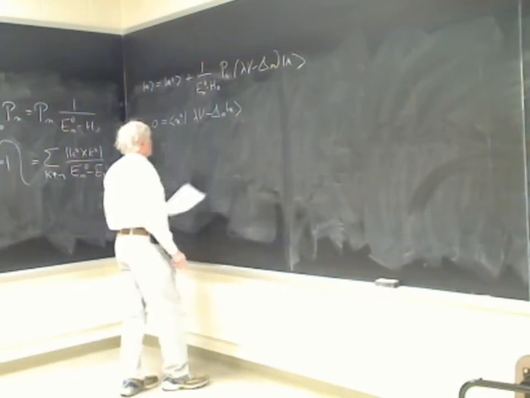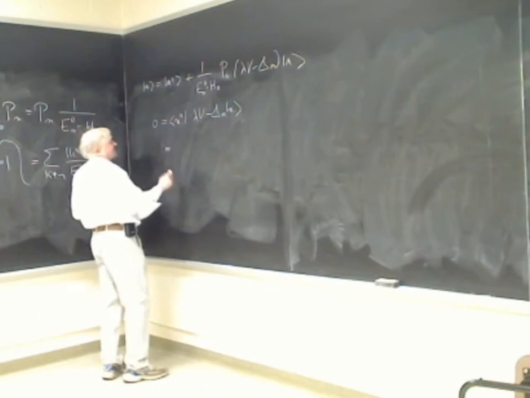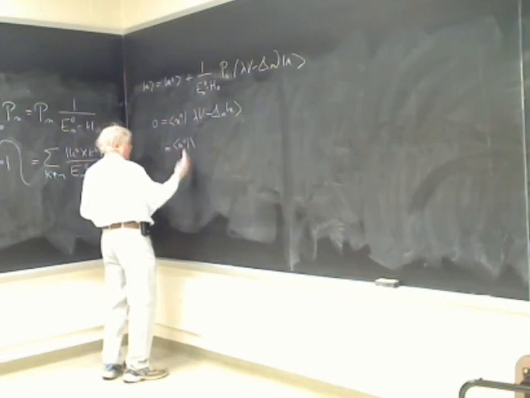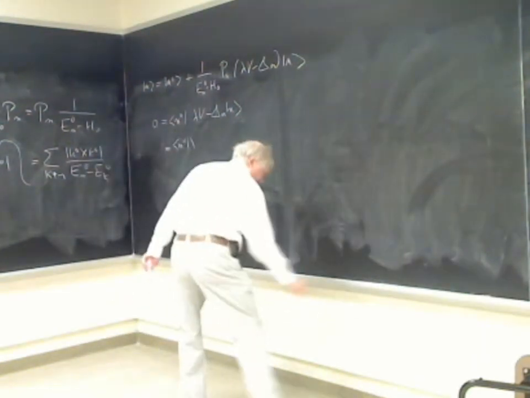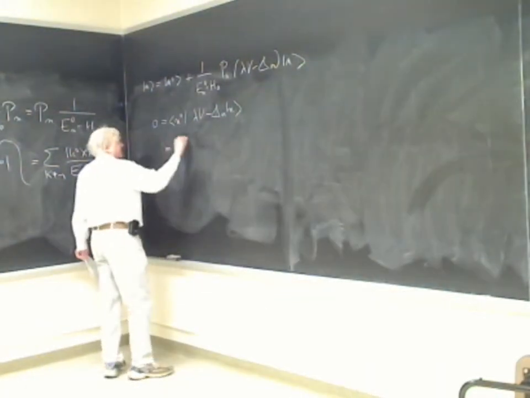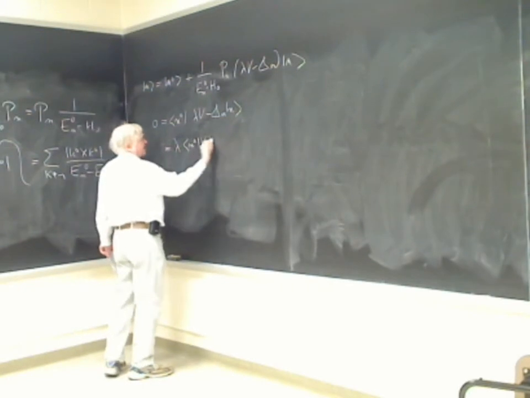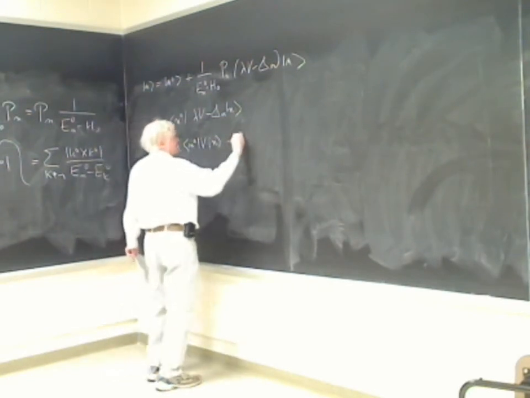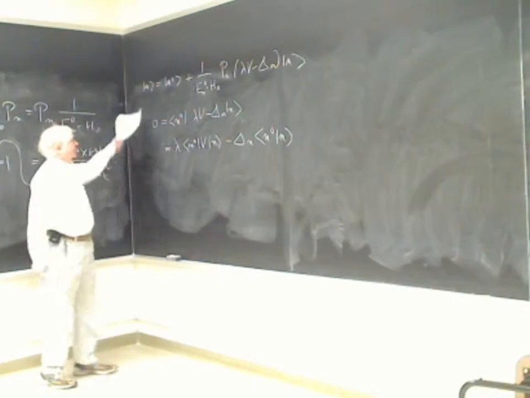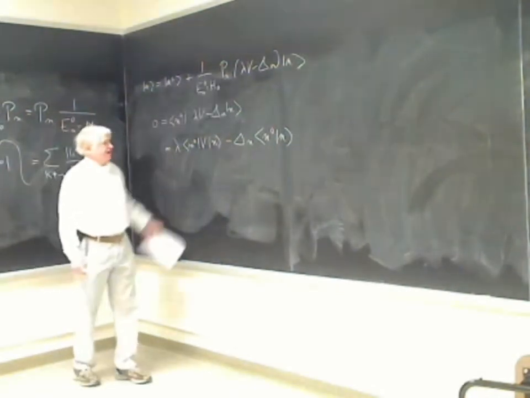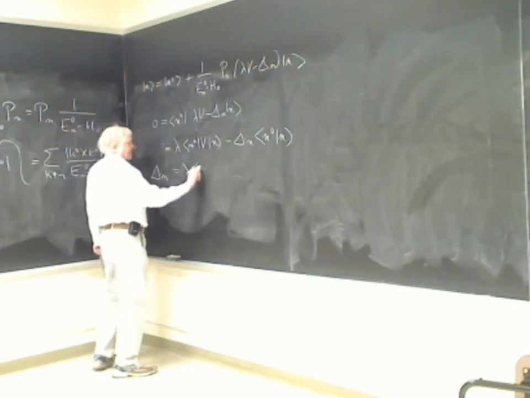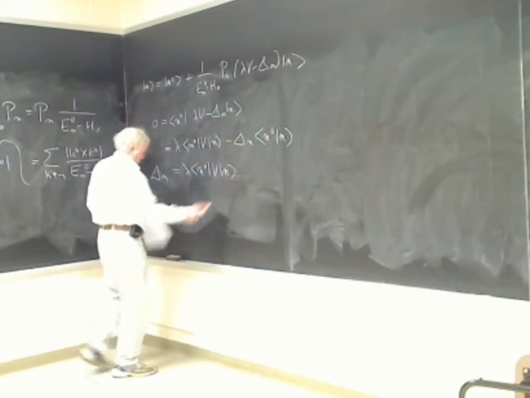But let me be a little more careful here. Lambda is a constant, so it's n0 v n minus delta n, n0 n. But n0 n is 1 here, and it's 0 over there, so it's just 1. And so we get the equation delta n is equal to lambda n0 v n.